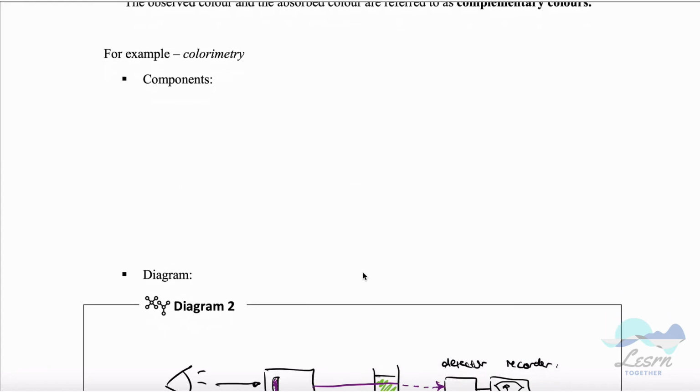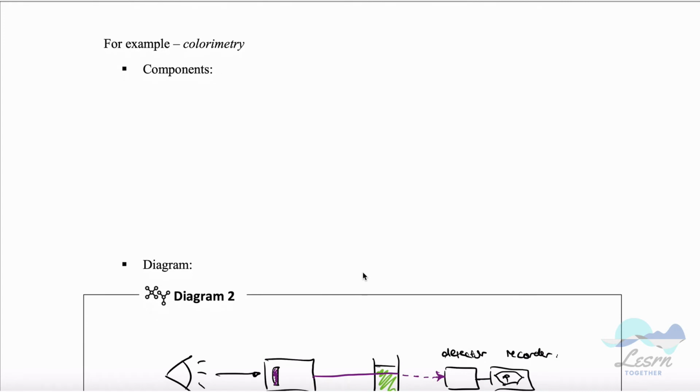So if we go through the main components of colorimetry again, to solidify what we've talked about, the first thing is our light source, okay? The point of the light source was to produce the light to be absorbed by the solution, right?